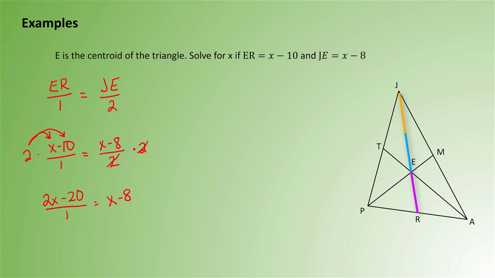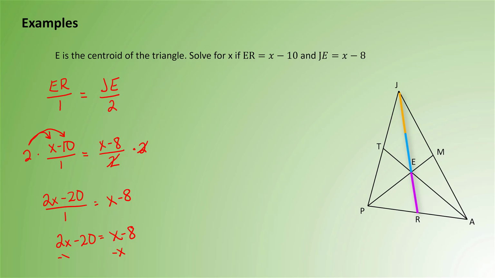We can multiply each side by 1. Or the other thing we can do is we know that any value divided by 1 is just itself. So we could just say 2x minus 20 equals x minus 8. And now solve for x.